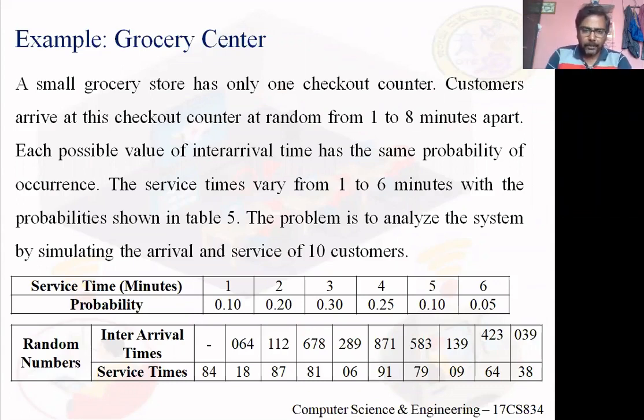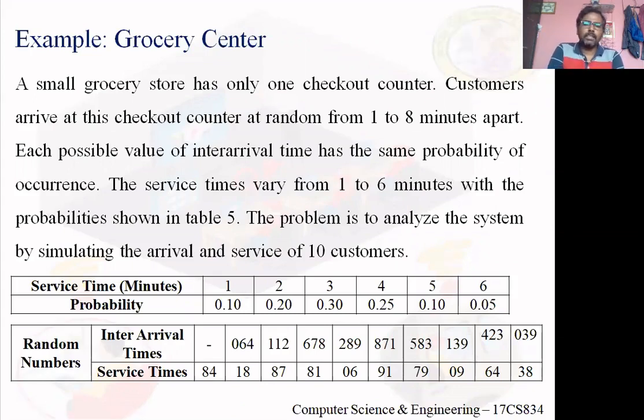What is the probability that service time will be 3 minutes? 4 minutes? 5 minutes? 6 minutes? It's been given here: 0.1, 0.2, 0.3, 0.25, 0.1, 0.05.